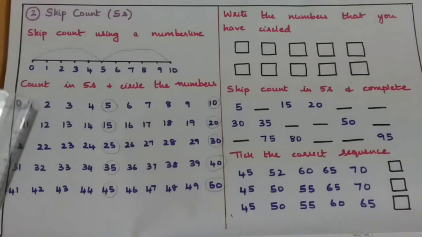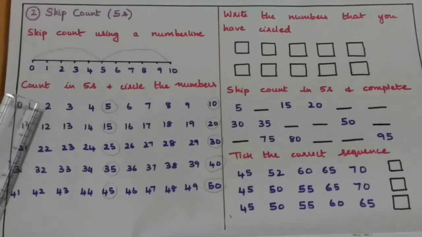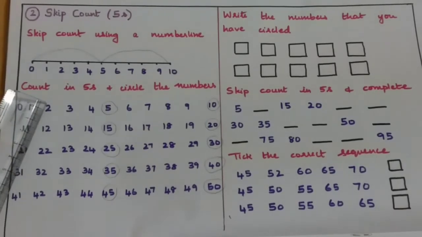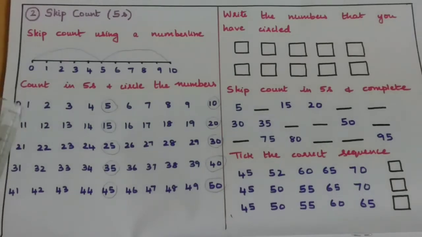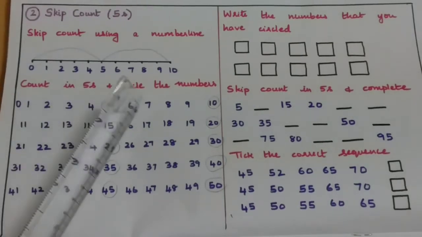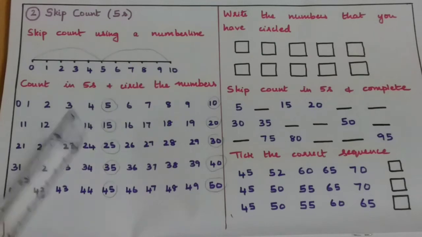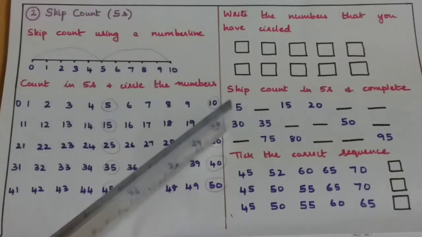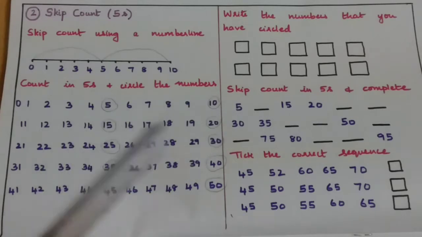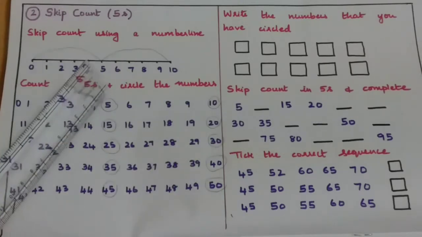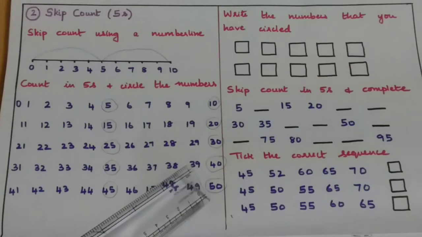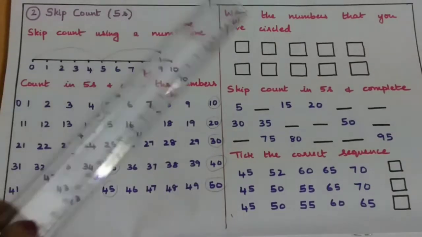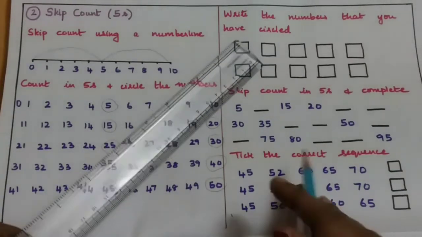Once they do this, then you can ask them to count in fives and circle the numbers. So when they start from 0, the numbers that they are going to get are numbers ending in either 5 or 0. So the sequence is nothing but 5, 10, 15, 20, 25, 30, 35, 40, 45 and 50. Once they circle this, then you can ask them to write down the numbers that they have circled.